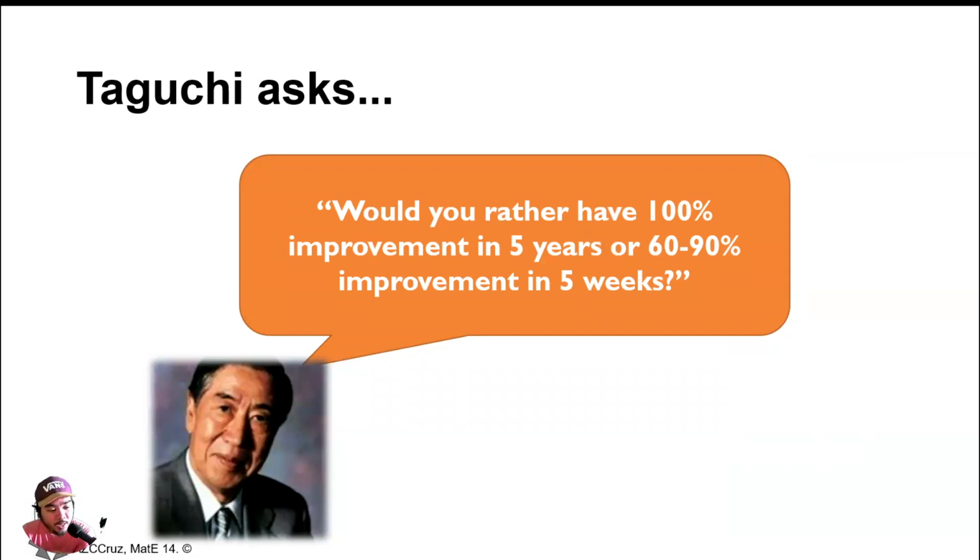So as practical engineers, usually in manufacturing, they don't aim for 100%. Any improvement in a short amount of time is better than 100% improvement in a very long time. So that's the gist of the Taguchi principle. He wants some improvement, 60 to 90%, in just a short amount of time.